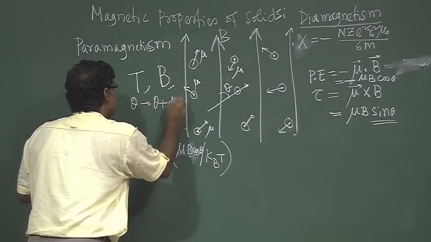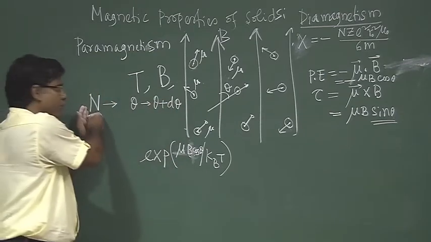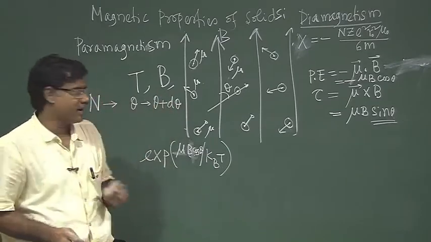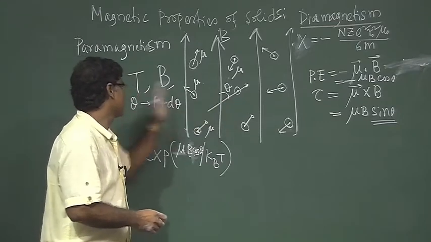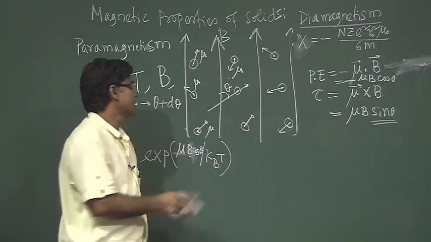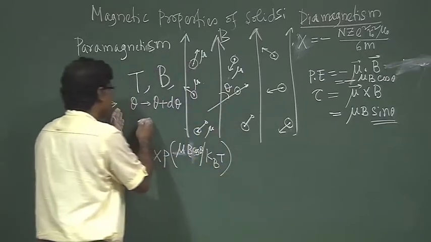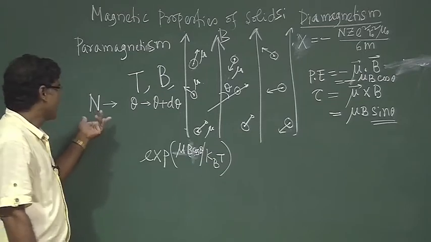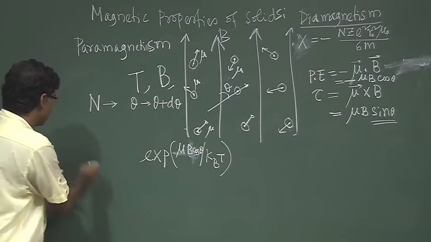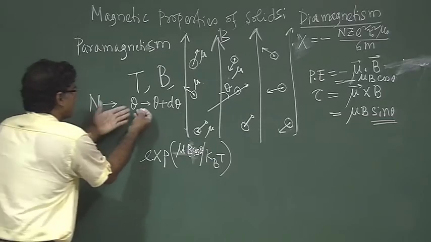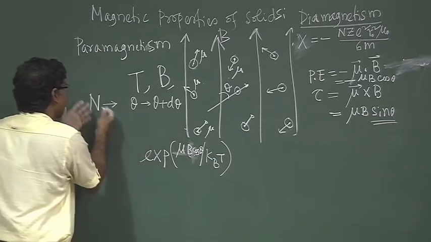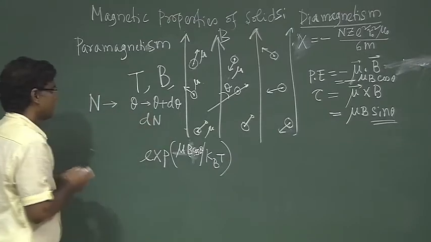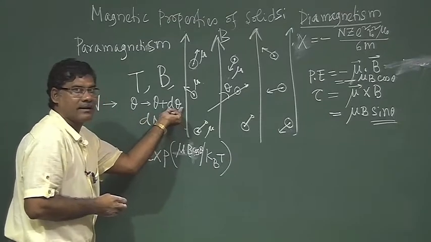How many moments will be oriented in this range of angle, starting from theta to theta plus d theta? Say out of this n, dn number are oriented within this angle range d theta.